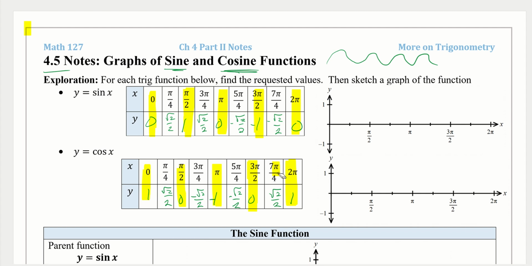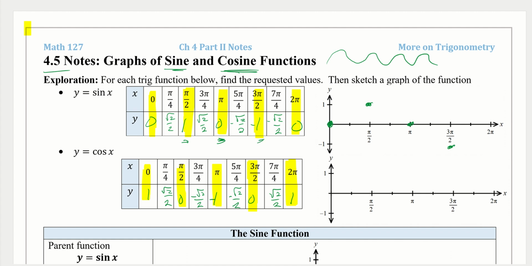If we go through and plot these points, for sine, this top one starts at 0, 0. Our next point comes out to pi over 2, up to 1, that amplitude of 1. Our next point is pi, 0. Then the next point, 3 pi over 2, comes down.